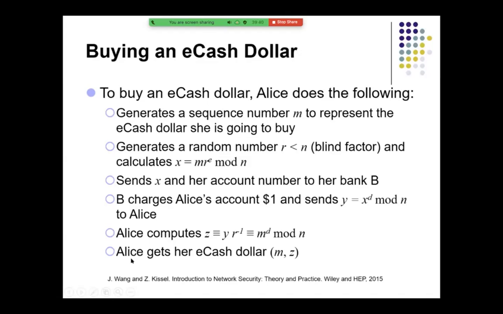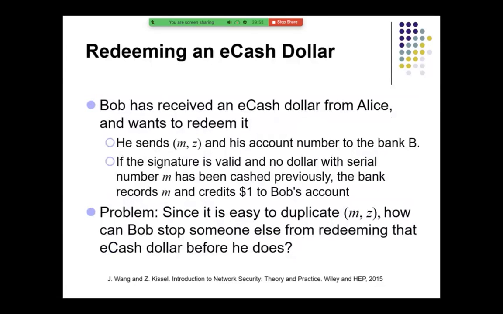That means finally, Alice gets her Ecash dollar, M comma Z, where Z is M to the D modulo N. Then, of course, Alice can use this Ecash dollar to buy things or simply give it to someone, whatever. So let's say Bob gets this Ecash from Alice.